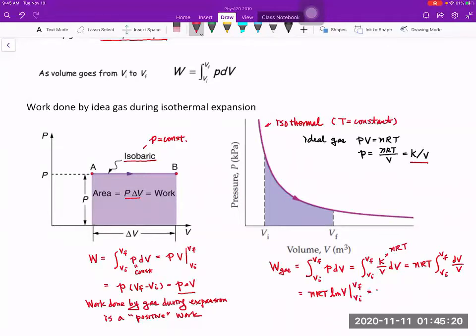So we can write this as mRT, the natural log of V sub f minus the natural log of V sub i. Well, the natural log has a property. If you have the natural log of A minus the natural log of B, that is also equal to the natural log of A over B. So I can also rewrite this as mRT and the natural log of V sub f over V sub i.